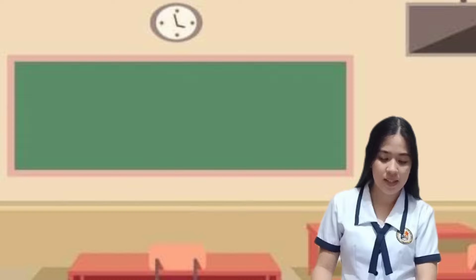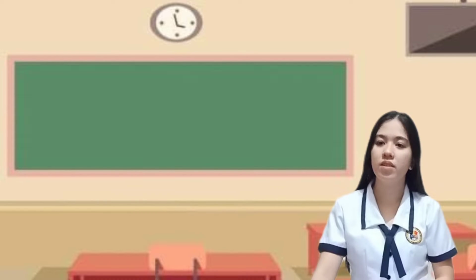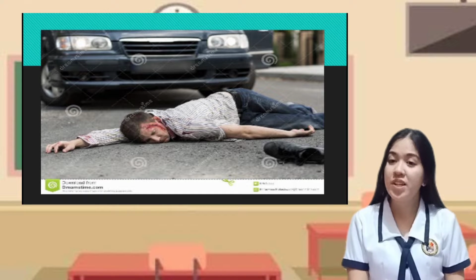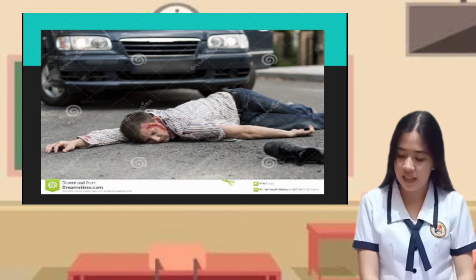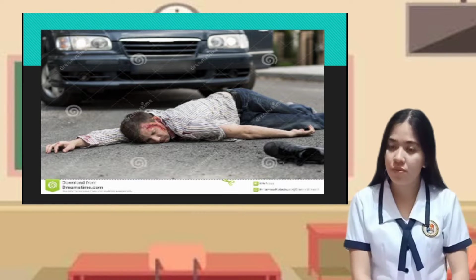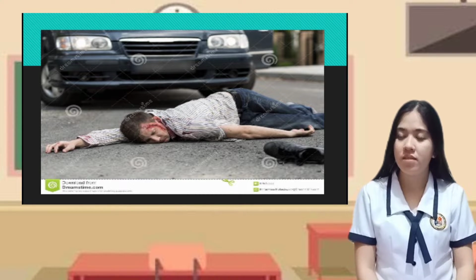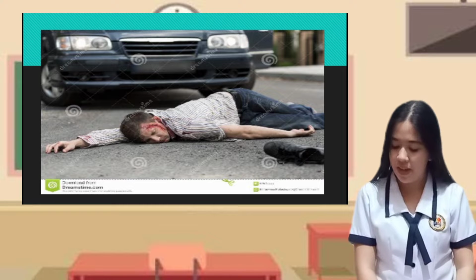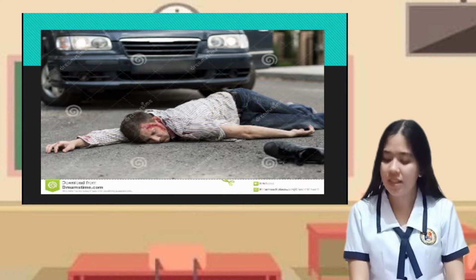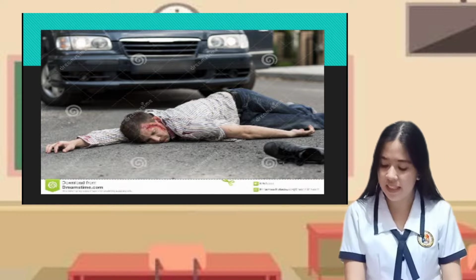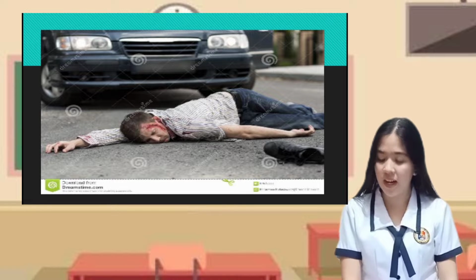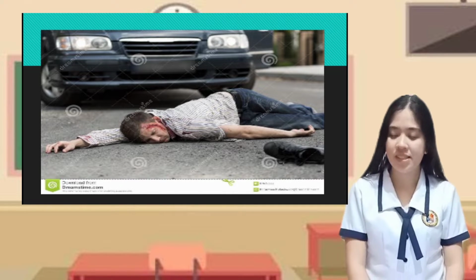Number 1 picture. Yes, a person hit by a car in the middle of the road. Very good. So what first aid will be given? Secure the victim, move the victim to a safer area before applying first aid.